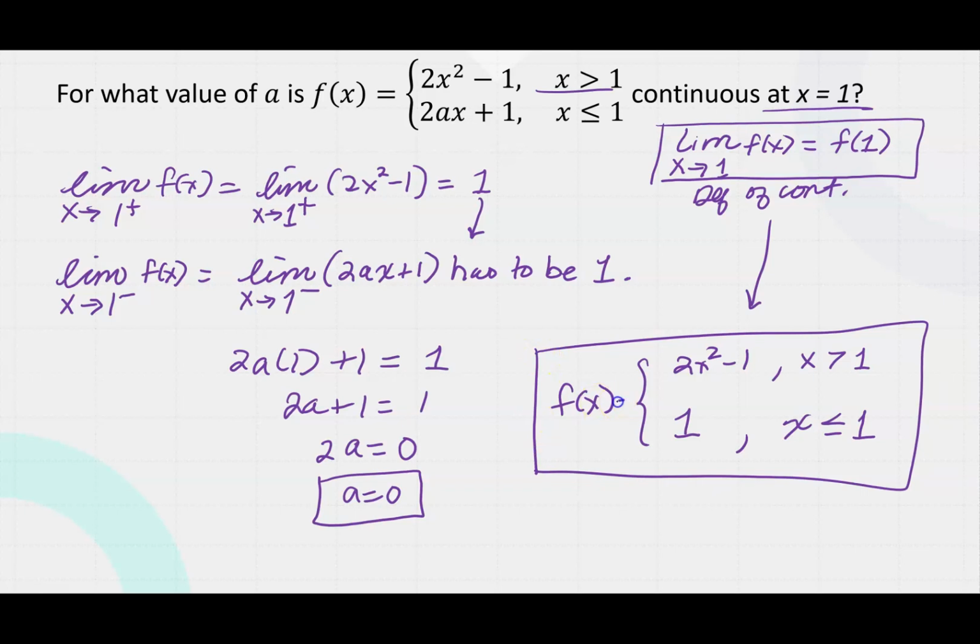Therefore, your function is defined as that. Here we would say left and right hand limits need to be the same so that there is a limit as x goes to 1, and also that function value at 1 must be the limit. Therefore, we defined it to be 1.